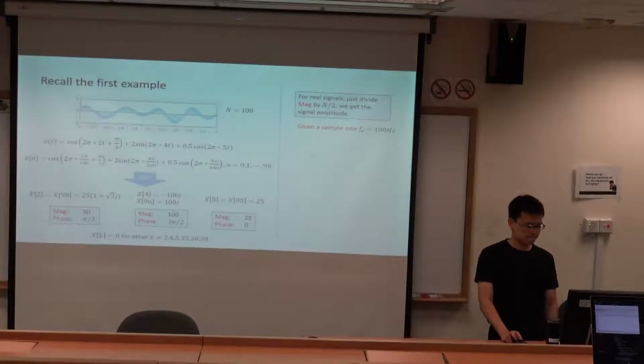And then I give you a sample rate of 100 hertz, because this is a 1 second signal, and then the signal length will be 1 second. So capital X of 2 represents the frequency which has 2 periods in 100 samples.